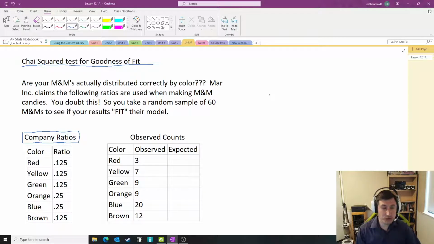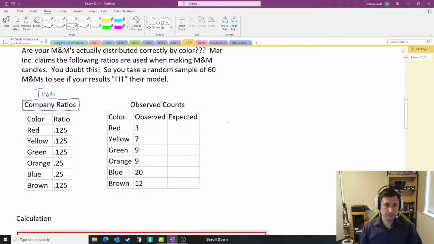If it's truly a random sample, there's going to be sample variability. It won't be, quote unquote, perfect. The chi-squared is going to give us an idea of how rare our sample would be if this is in fact true, based off of sample variability alone.